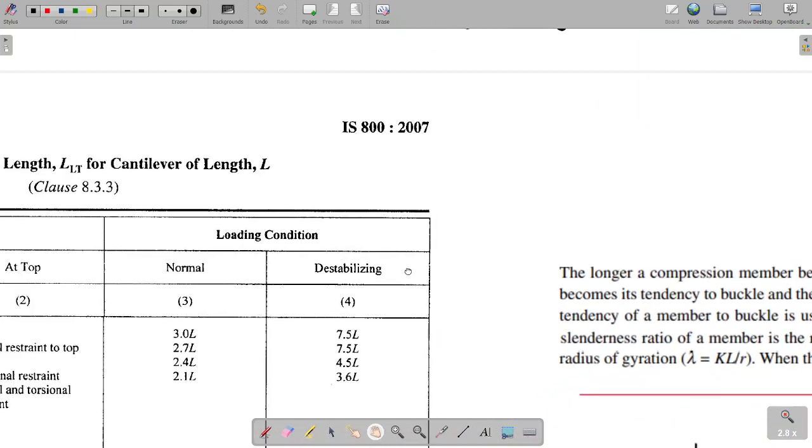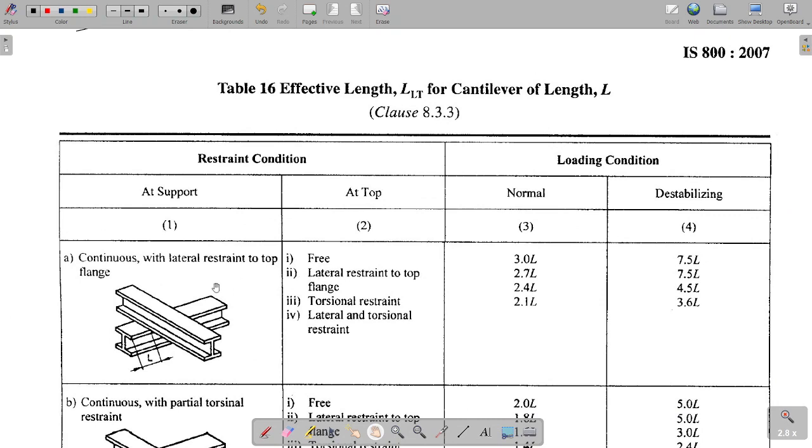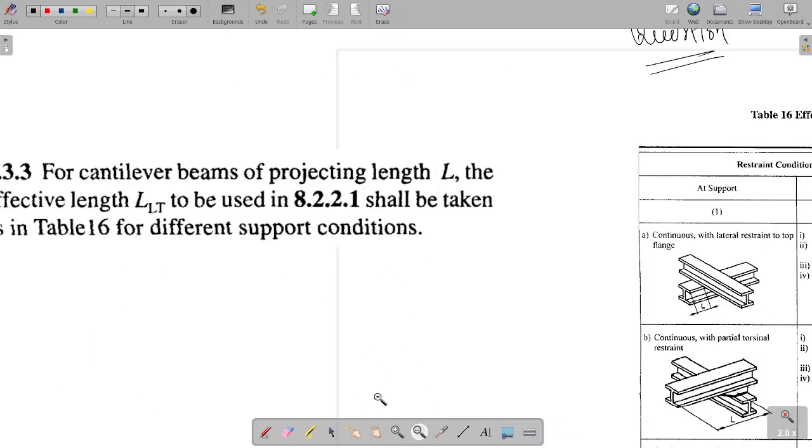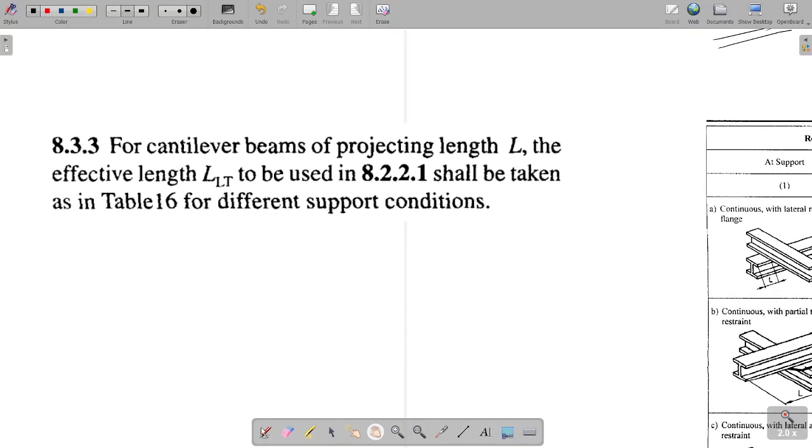Now let's see the relevant clause in IS 800. This was the clause, clause number 8.3.3, for cantilever beams of projecting length L.